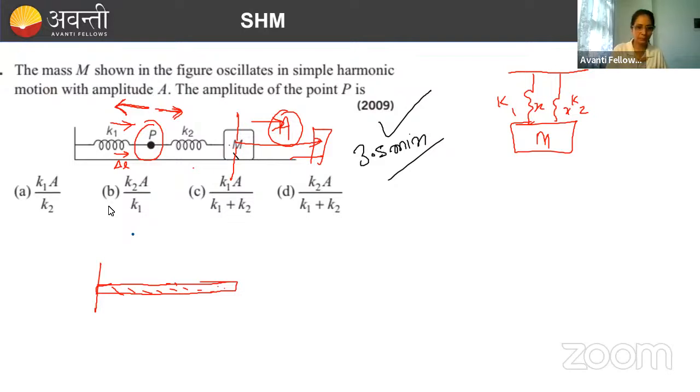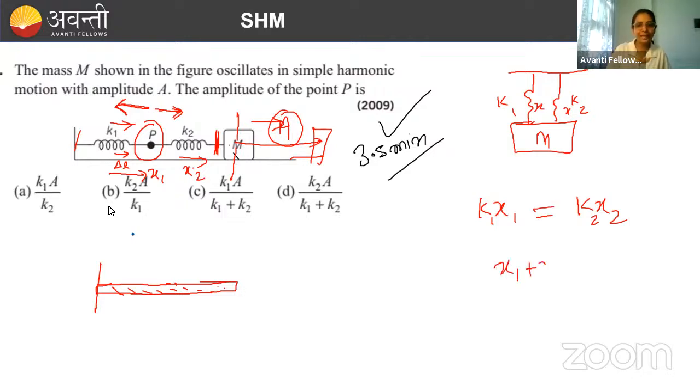So if K1 spring is getting displacement X1 and K2 is getting displacement X2, tension in this spring will be K1 X1. Tension in this portion of the spring will be K2 X2. Since they are part of a massless long string, if the system is massless, tension throughout will remain the same. So just equate it. These two are equal, right?